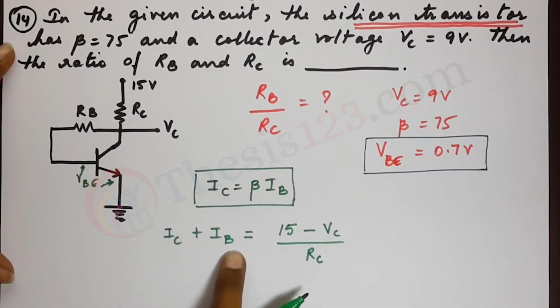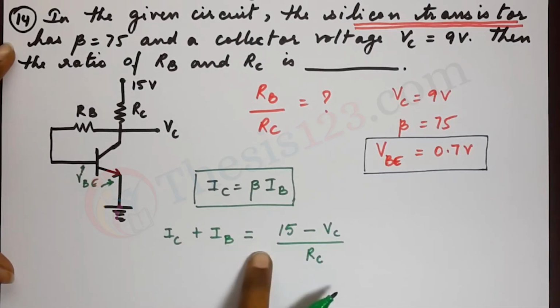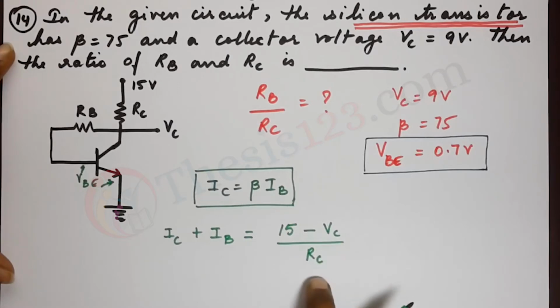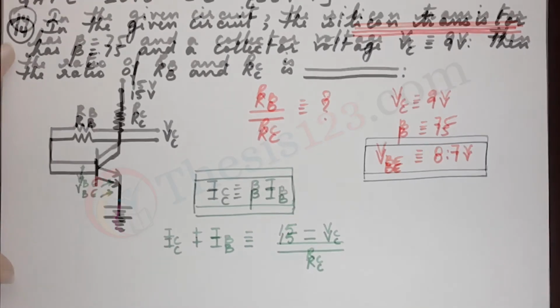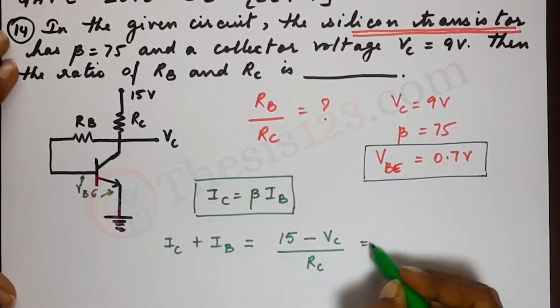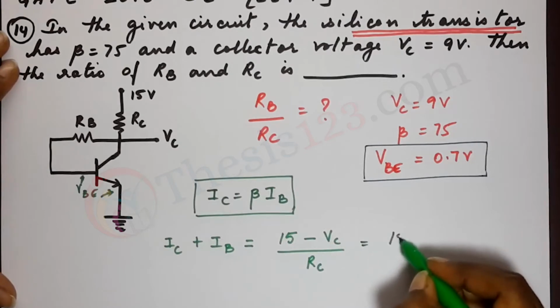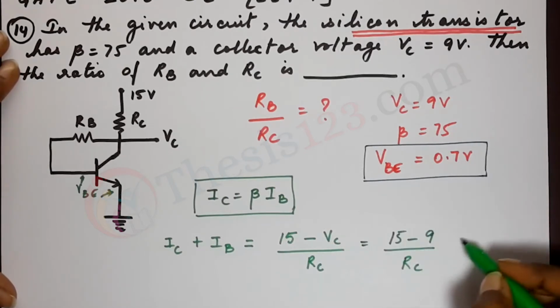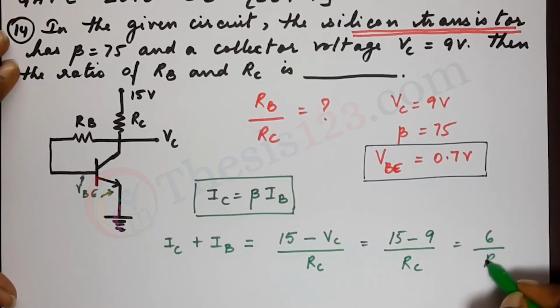The sum of the currents IC plus IB is equal to the voltage difference 15 minus VC divided by RC. Now, let's see if we can solve this even further. We have the value of VC given to us, 15 minus 9 divided by RC, and that's 6 divided by RC.